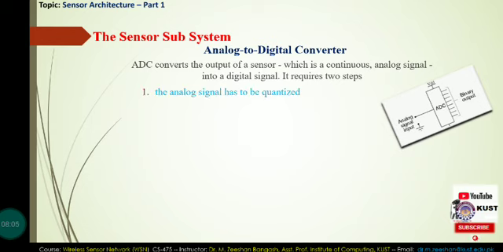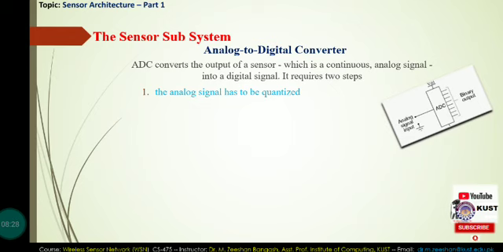The first phase is that you need to convert the analog signal, and that analog signal has to be quantized. So what is this quantization? It is basically that you convert the continuous value of that signal into a discrete value.